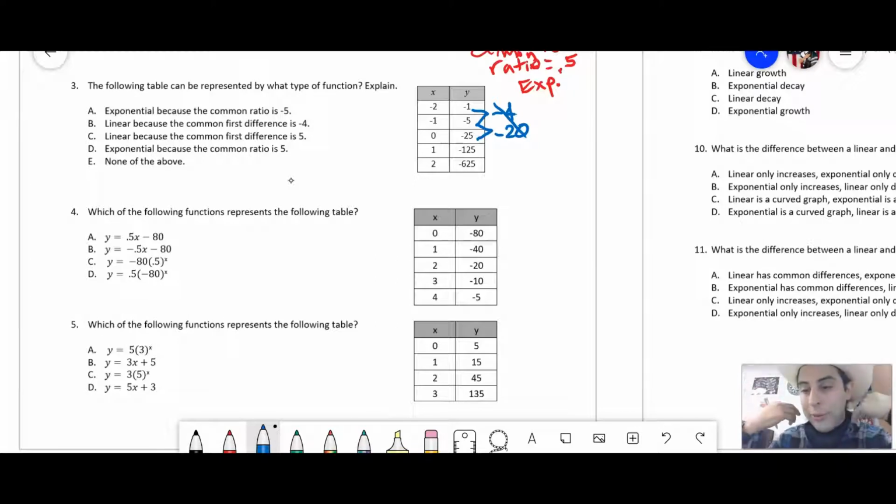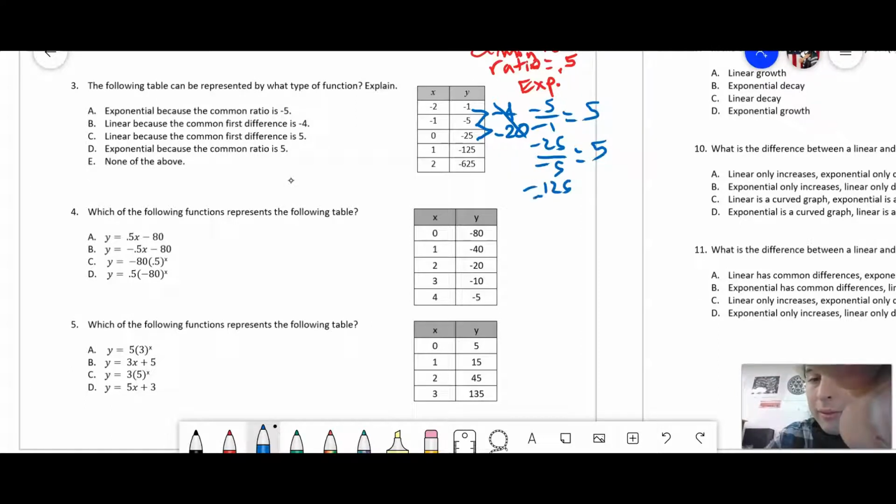Let's do the math with the common ratios. Let's divide. -5 over -1 is 5. -25 over -5, well, that's also 5. -125 over -25, that's also 5.